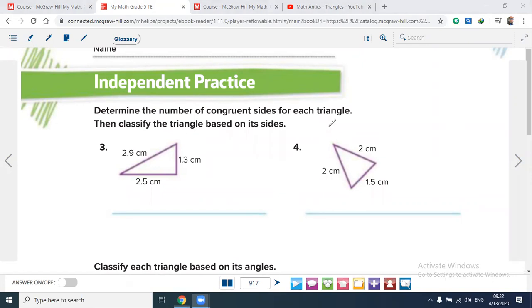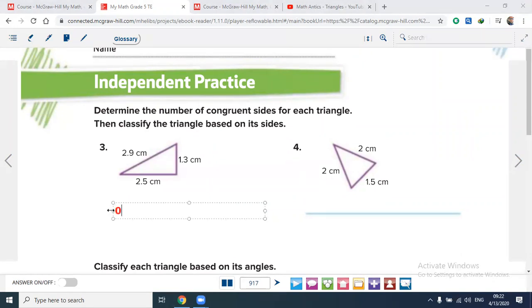So, the first one, number 3, are any sides congruent? I have 2.9 centimeter, 1.3, 2.5 centimeter. They are different, right? Yes. So, how many sides are equal? There are no sides equal, so I will write 0 here.